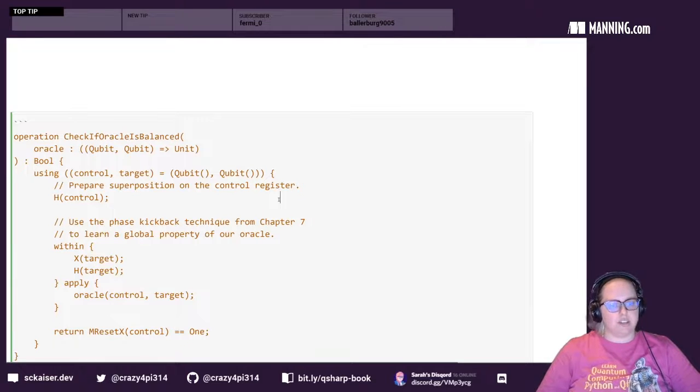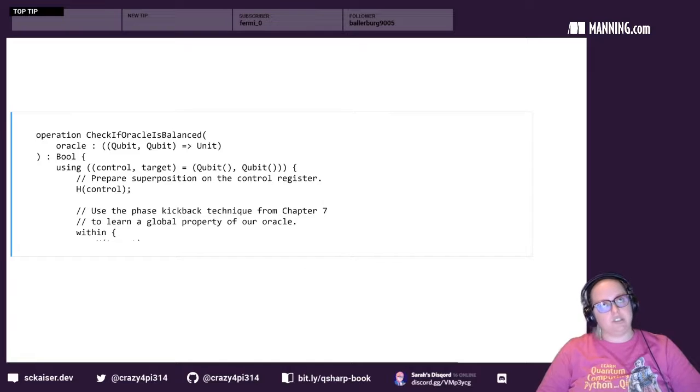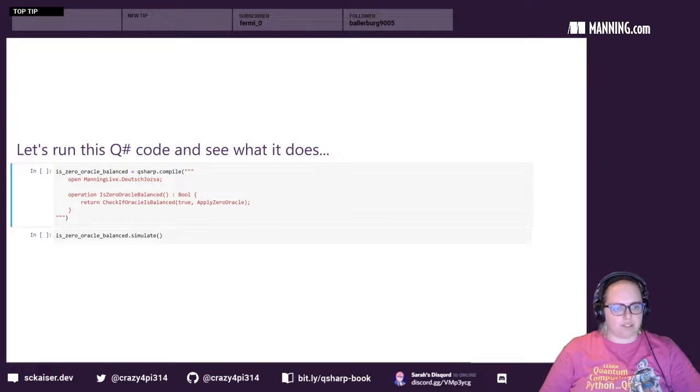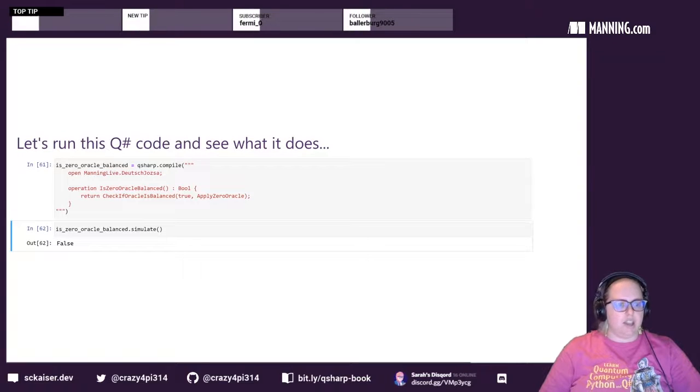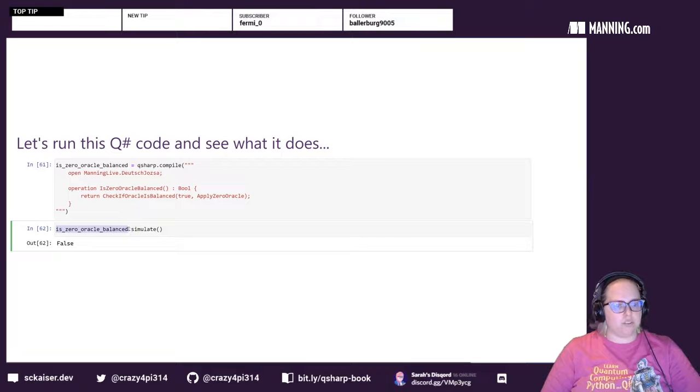All of this is in chapters 6, 7, and 8 of the book, basically part 2, where you really get into writing some quantum algorithms. I can quickly compile some of this inline.